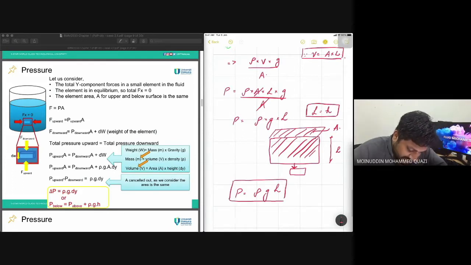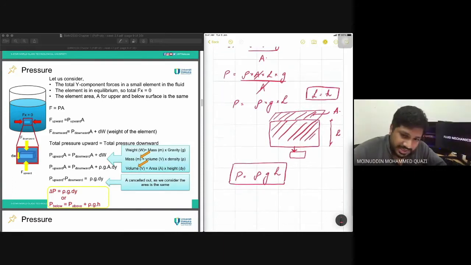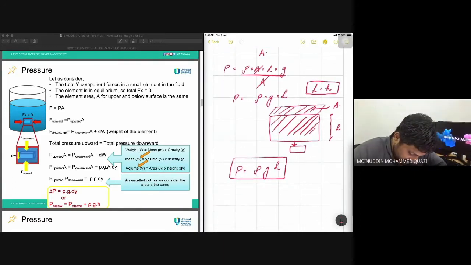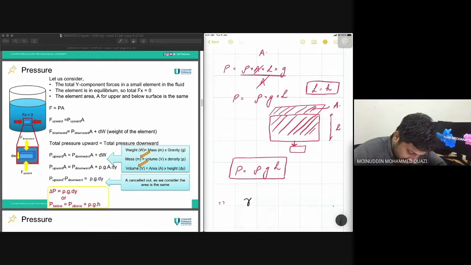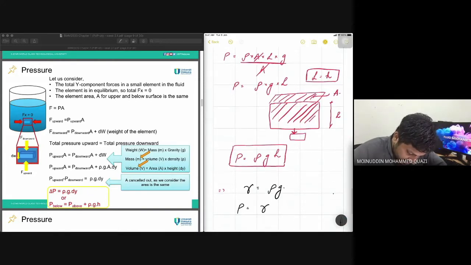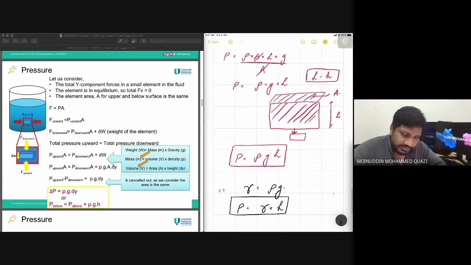The whole fluid pressure is acting on that person. Now we know that specific weight gamma is equal to rho g. So pressure is equal to gamma into h also.